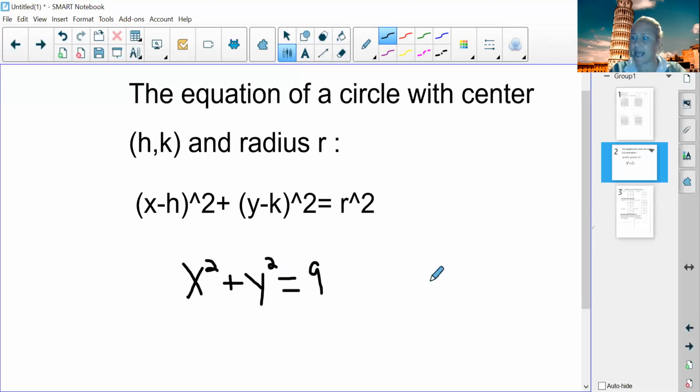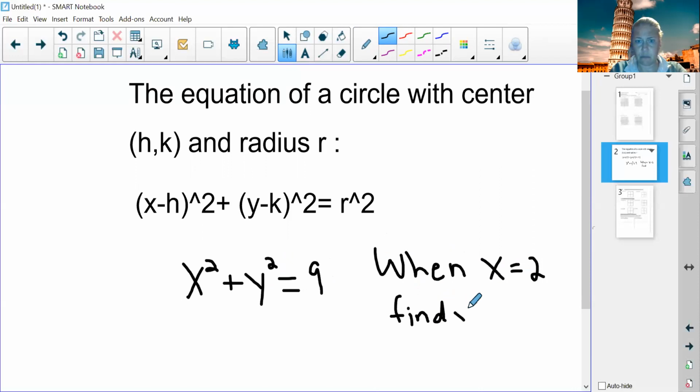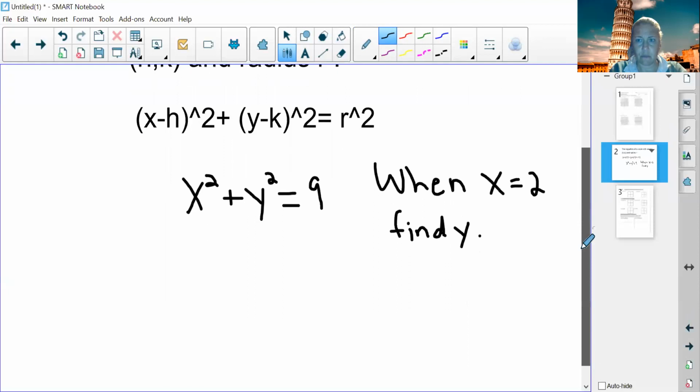And let's say I asked you, when x is 2, what is y? Find y. Okay.